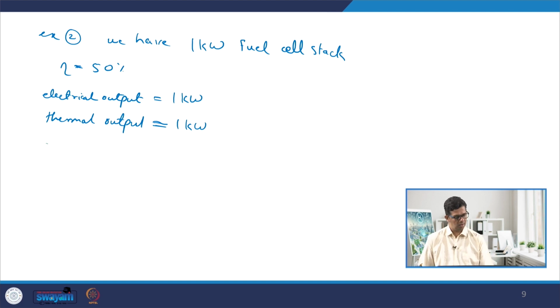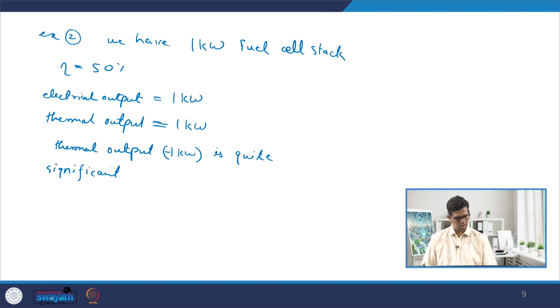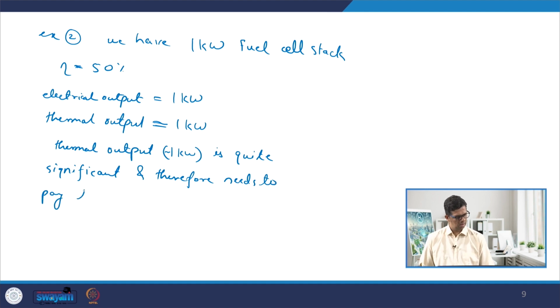Now, this thermal output that is around 1 kilowatt is quite significant, and therefore needs attention.